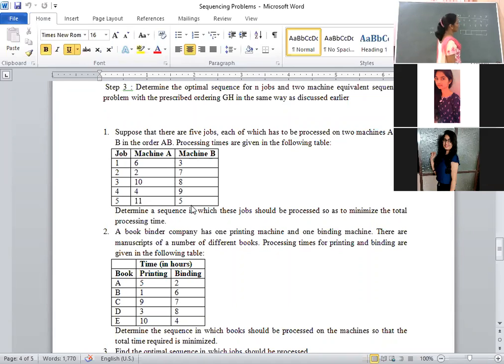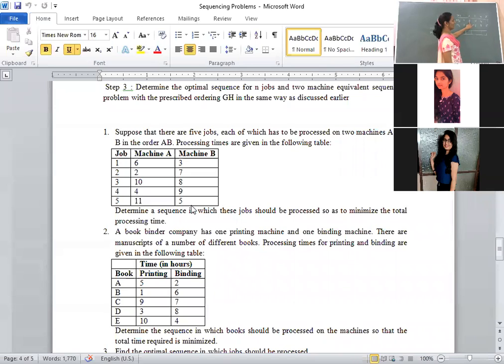Right now, 2 machines are available. The processing time is given in hours. On both the machines, the minimum processing time is on machine A, that is 2 hours. You have to search for the minimum in each of the 5 columns.